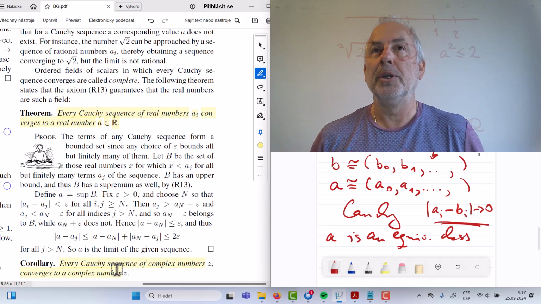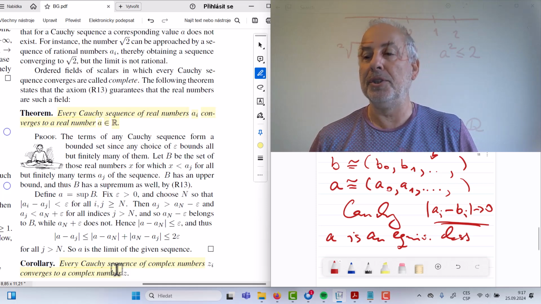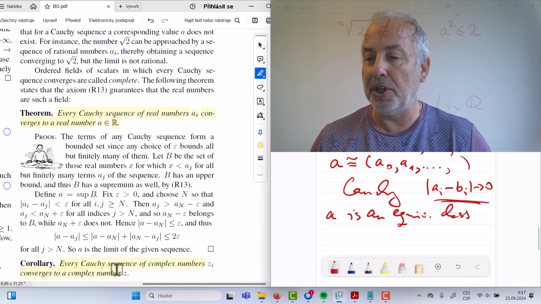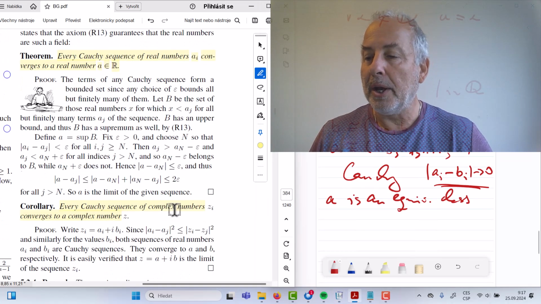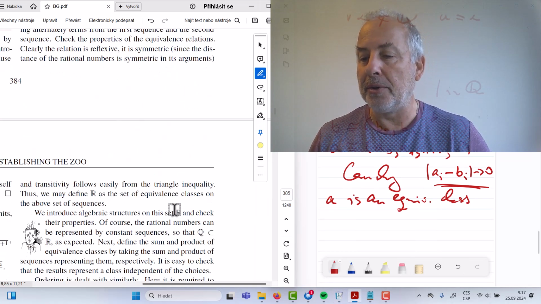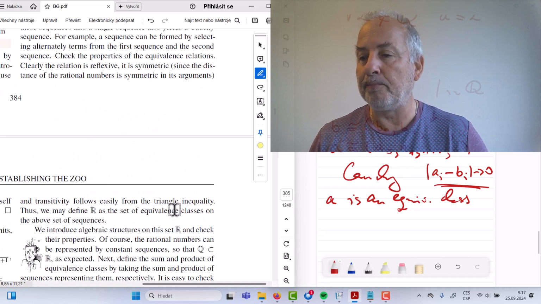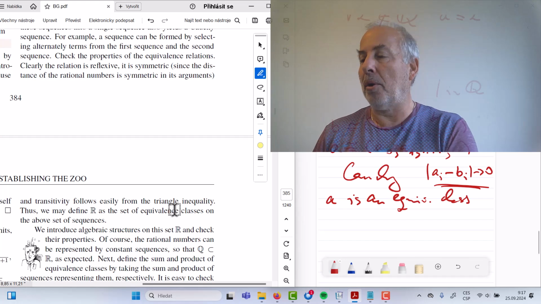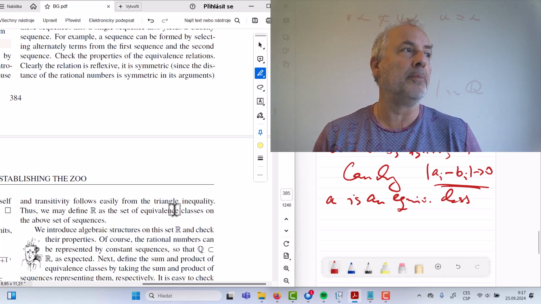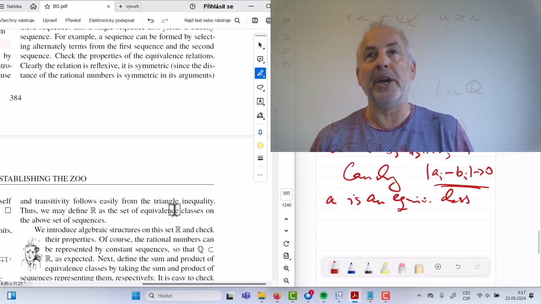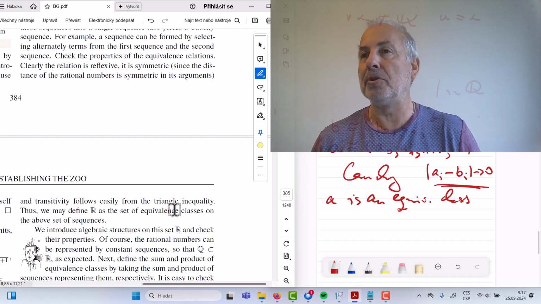Of course, part of the story is easy, and it's indicated in the text here. You can simply define in an obvious way the addition, the multiplication, the ordering, everything works fine.